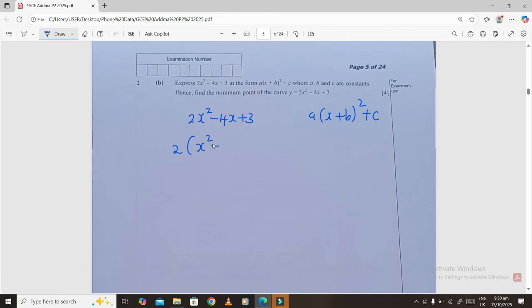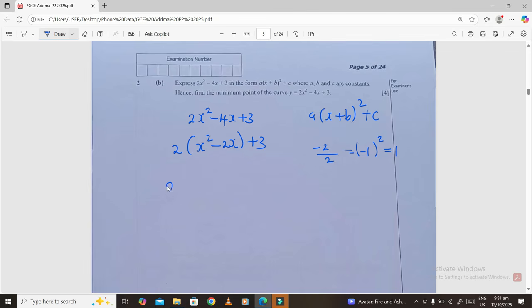So when you factor out a 2, we'll remain with what we have right here. Okay? So once we factor out there, we now get the number which is with x here. That's -2. So whatever number is there divided by 2, you get a -1. This -1 squared, it's giving us a +1. Okay? That's +1.